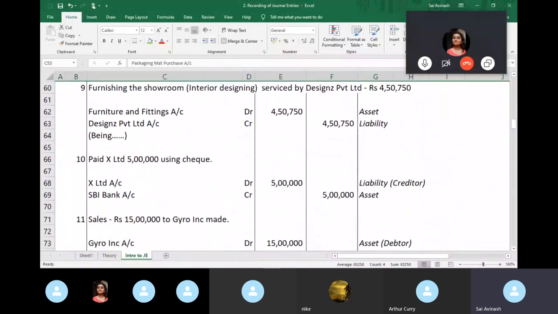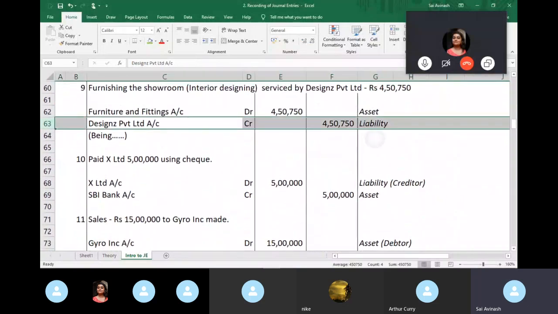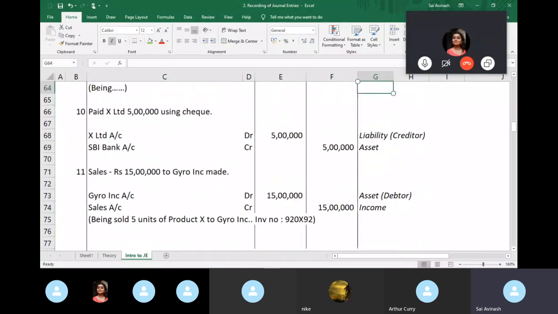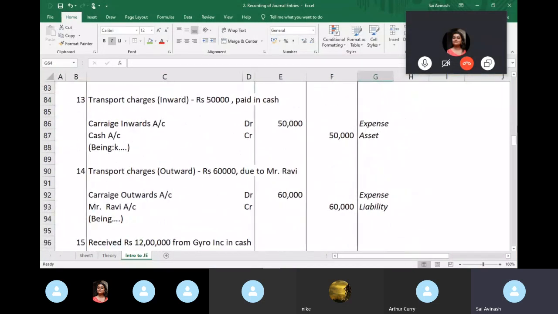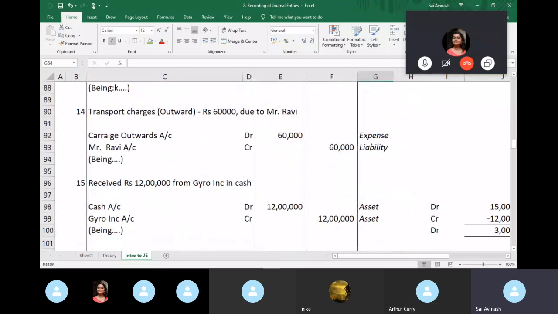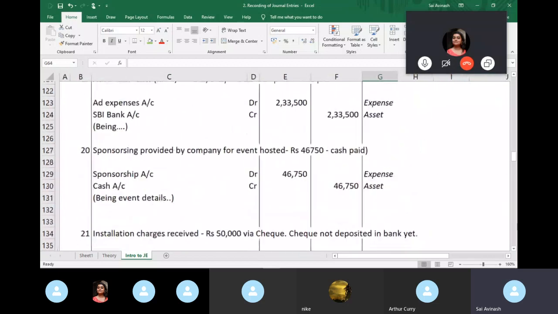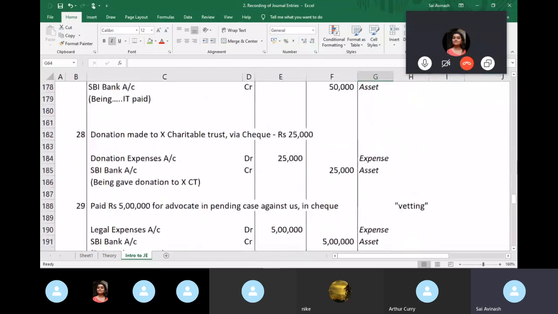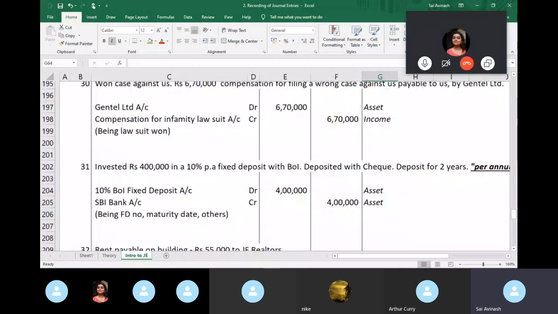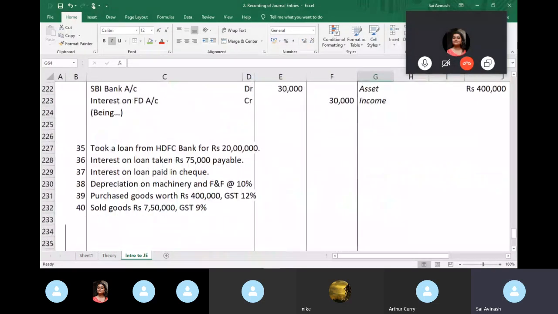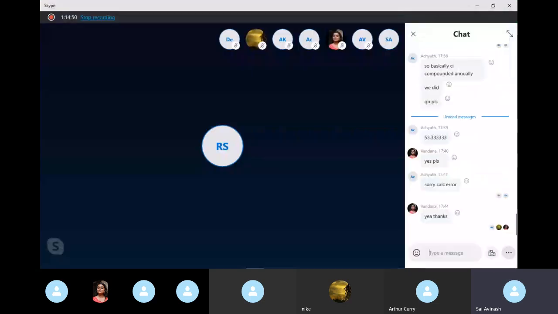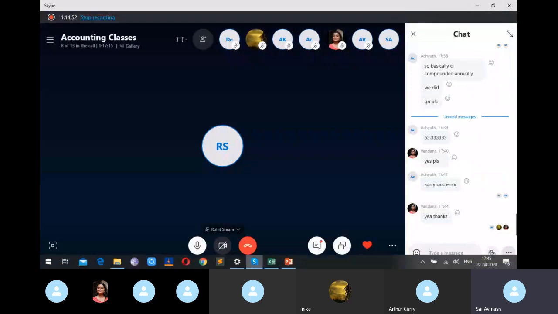How to owe somebody, as in how to create liabilities, how to create assets. We've almost covered about 70% of the average accounting day. So I think this should enable you to finish your assignments. Okay, so we'll close for today.